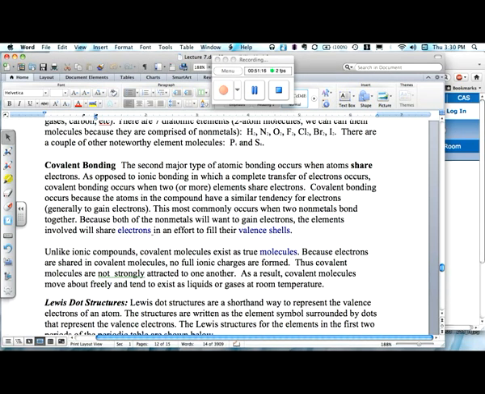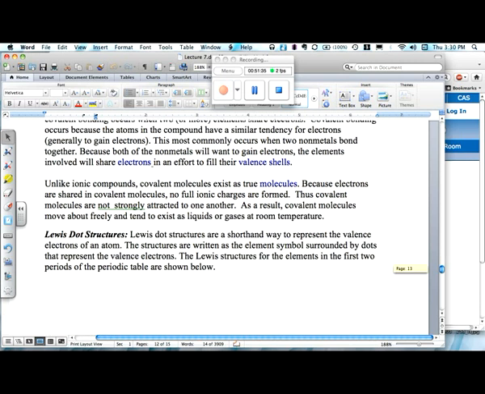So now we're going to talk about covalent bonding, where instead of gaining and losing, we're going to share to complete our outside shells. Remember, we've talked about before that the nonmetals are always going to complete their outside shells. Well, instead of gaining and losing, we are going to share. We can talk about these substances as being true molecules.